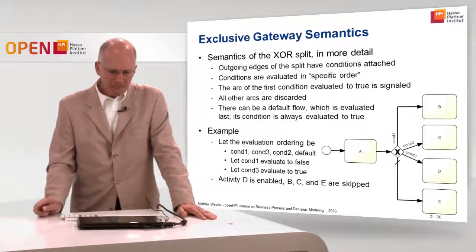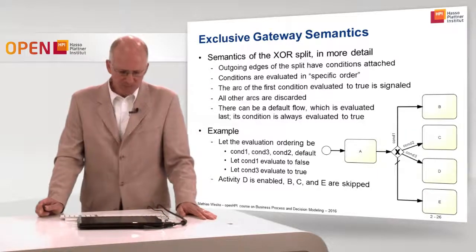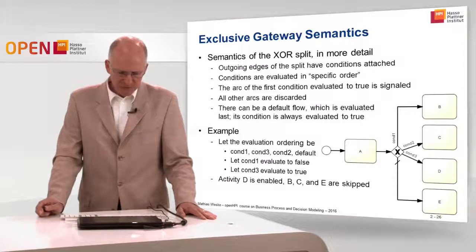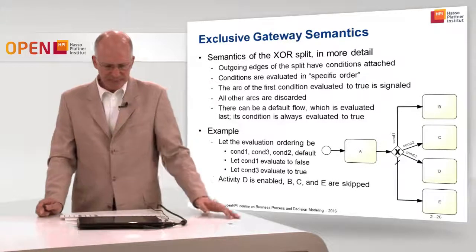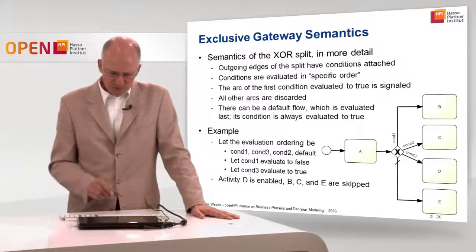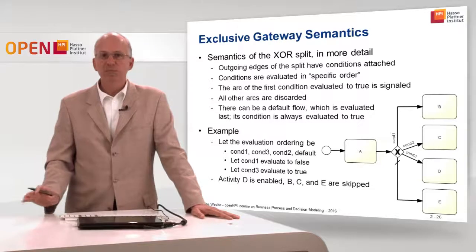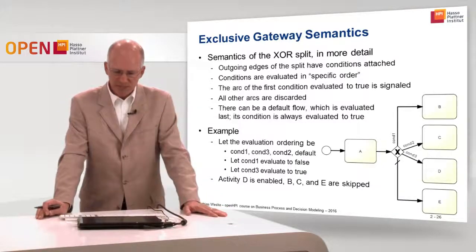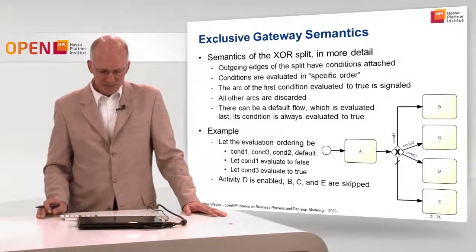Now, what is the exact semantics of this? We need to detail this a bit more. The exclusive gateway semantics, the semantics of the XOR split in more detail. We discuss this in the example you see on the right-hand side, an abstract example, which is good for explaining the key concepts of the XOR split.